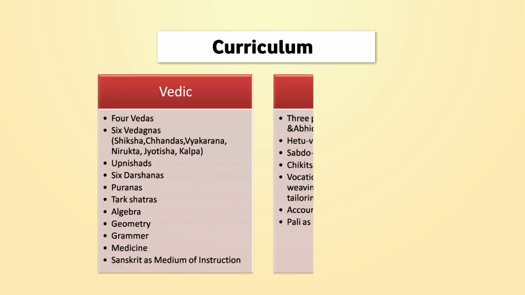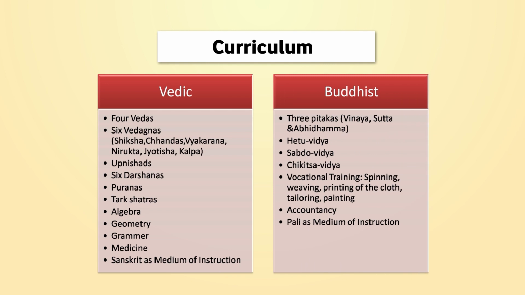Now, when it comes to the curriculum during both periods, as I mentioned earlier, the education content has been given importance to imparting religious education. Therefore, in Vedic, different religious materials were given importance in the curriculum.